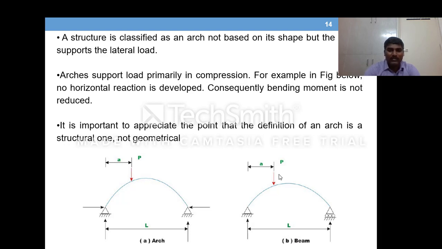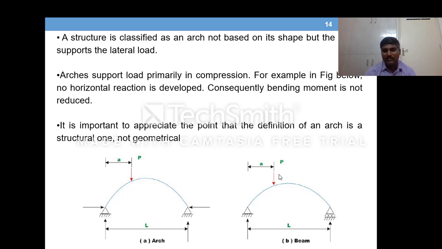So you compare the two figures, figure A and figure B. Figure A I named as arch, and figure B I named as beam. The reason behind this is that in figure A, there are some horizontal reactions shown, whereas in figure B, there is no horizontal reaction developed. So that's the prime concern for us when we differentiate arch and beam.